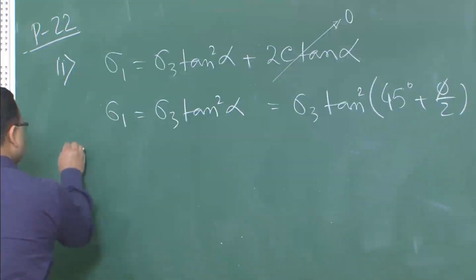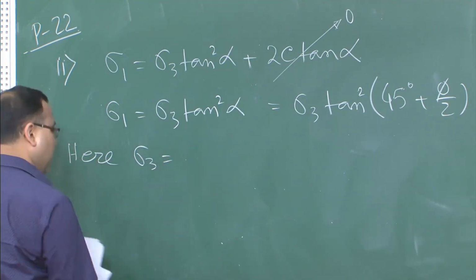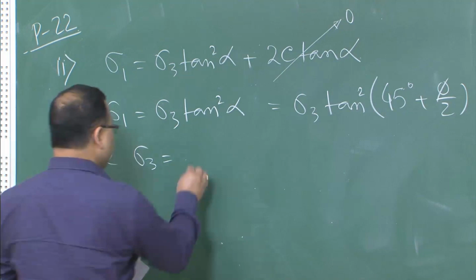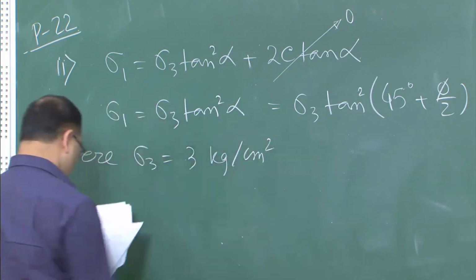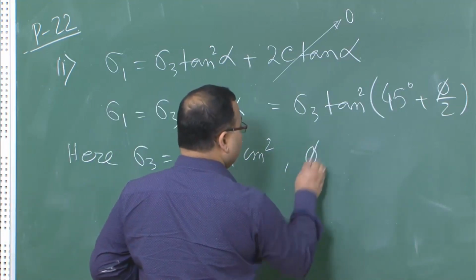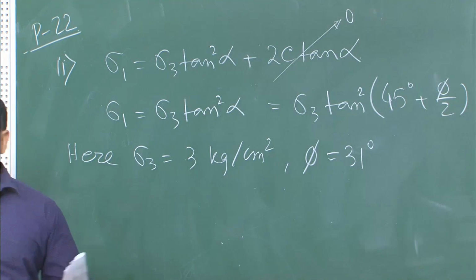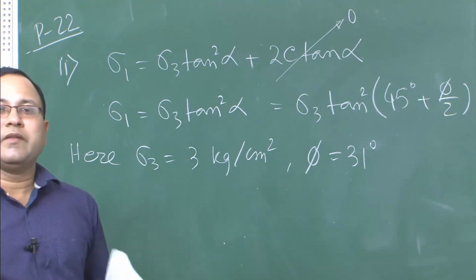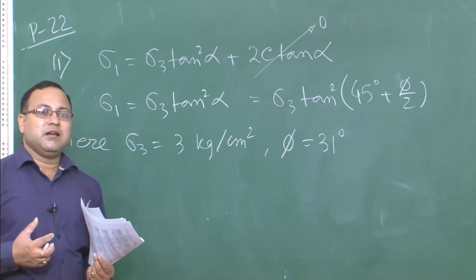Okay. Now, in the second part it is given sigma 3 is equal to, that is the cell pressure is becoming 3 kg per centimeter square, and already we have calculated phi equal to 31 degree, because you are dealing with the same sample, just you are varying the cell pressure. So, phi will not be changing, right.